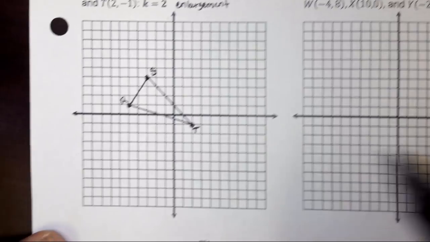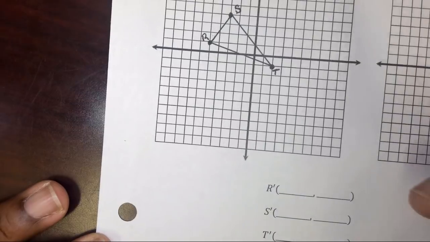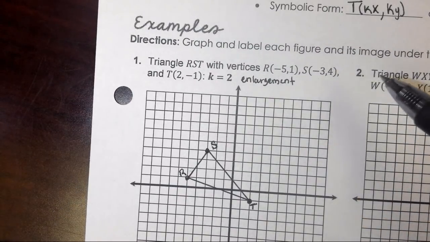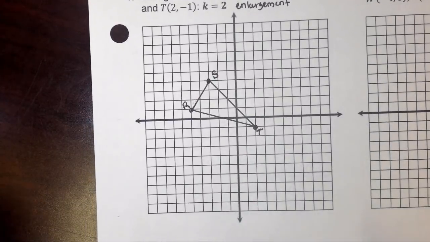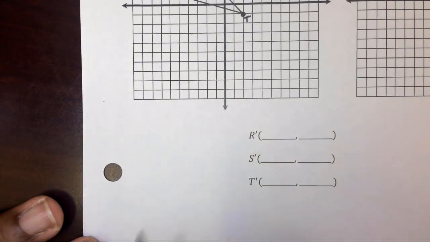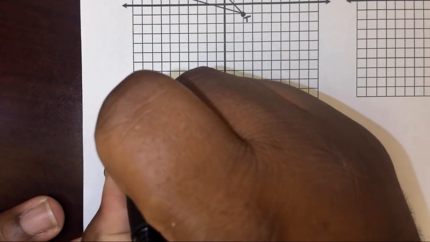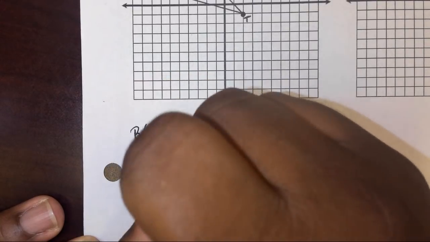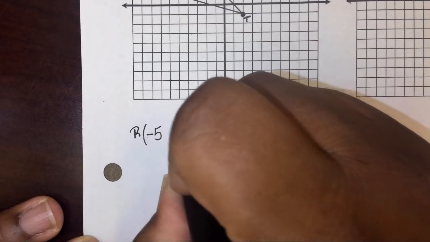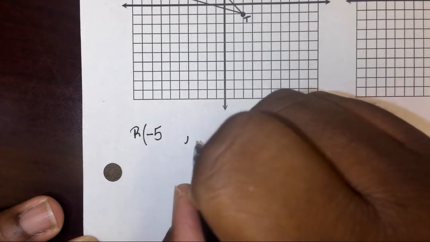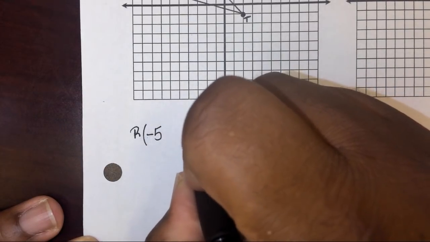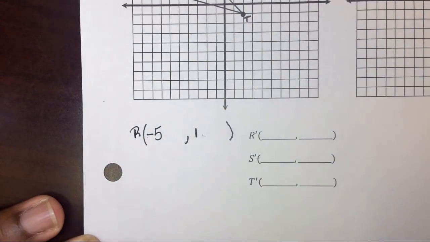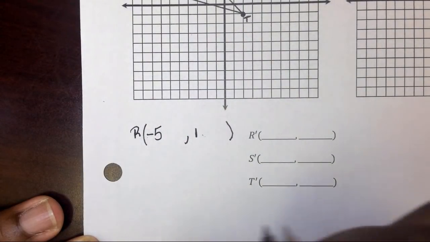To do that, in this open space down here, I'm going to write my original points, but I'm going to leave some space in between those original points too. Watch the space that I created because I want to write something in there. So my original R was at (-5, 1).